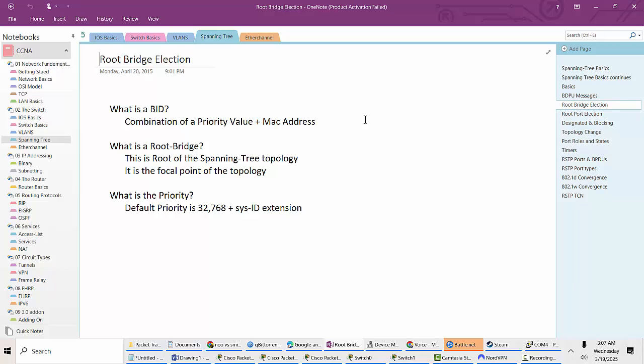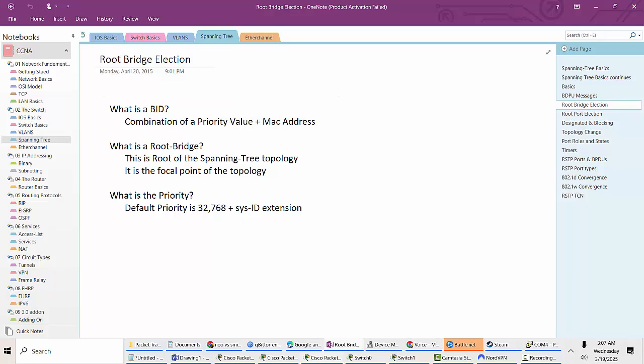In spanning tree you've got your trees and your bridges, your root bridge, and your priority. Your BID, or bridge identifier, is a combination of the priority value, which I set to 0, remember that, and the MAC address of that switch.